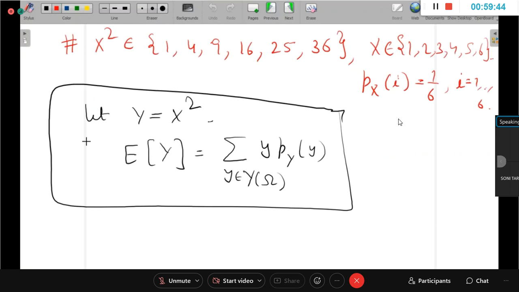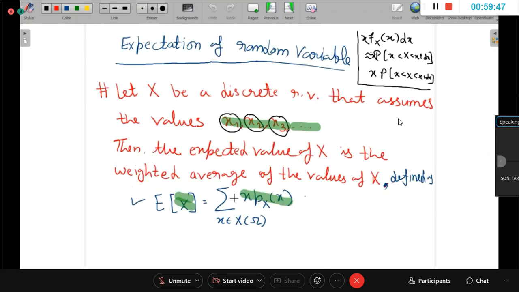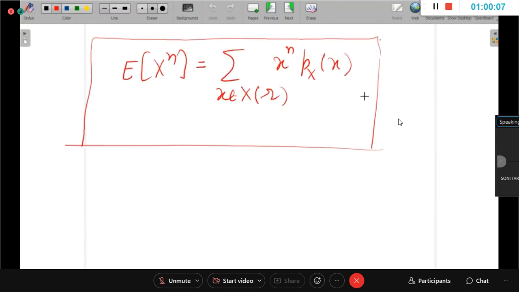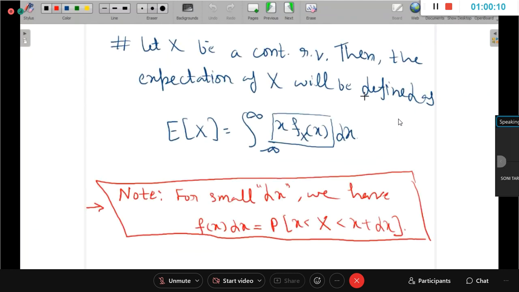So now in the continuous case: in the discrete case we defined the expectation as the summation. In the continuous case, if you have a continuous random variable, you will have an integral over the x values. So let x be a continuous random variable, then the expectation of x will be defined as you multiply fx of x by x, and then you take the integral.